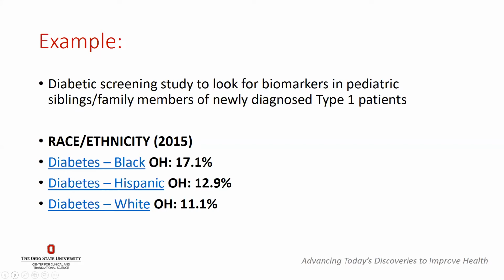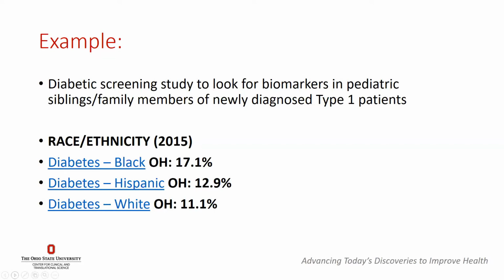So these are pediatric patients who have been newly diagnosed with type 1 diabetes, and they're looking at siblings and family members who might also be at a higher risk. This was only looking at risk factors. And when I started looking back over a few years, I noticed that our enrollment did not match the race and ethnicity distribution within Central Ohio.